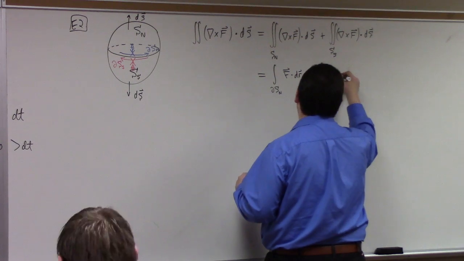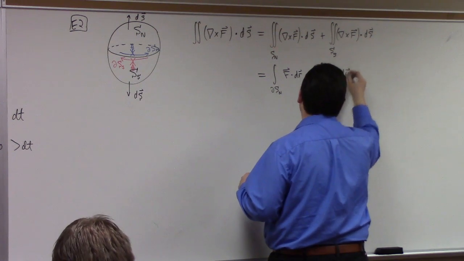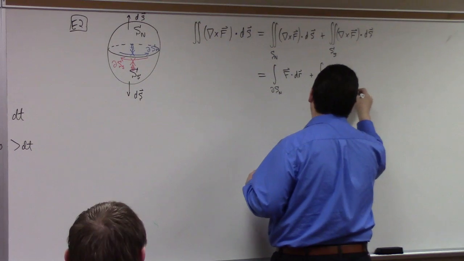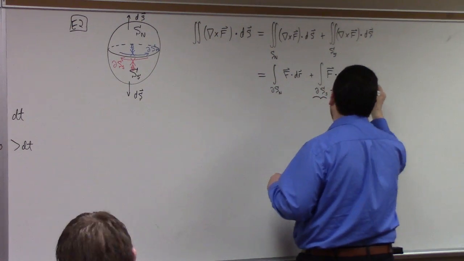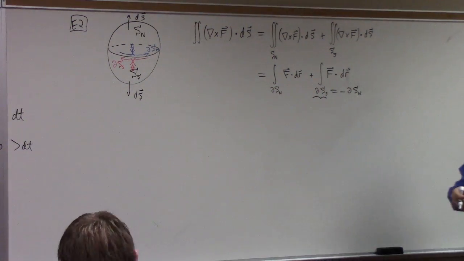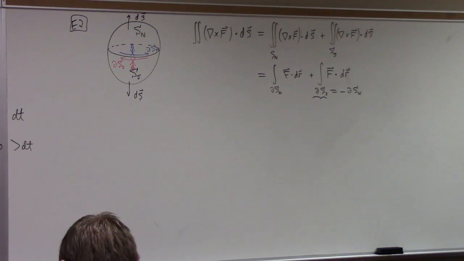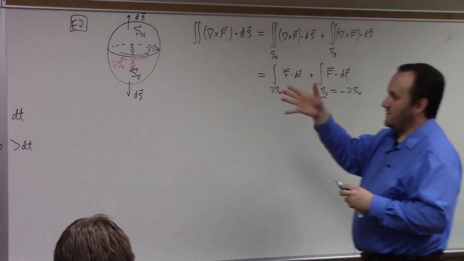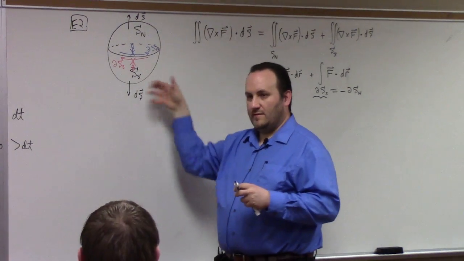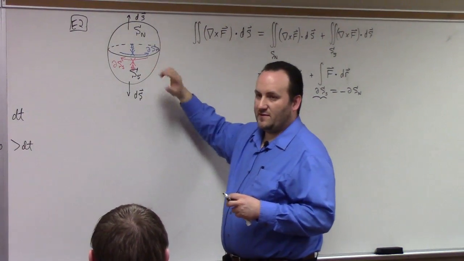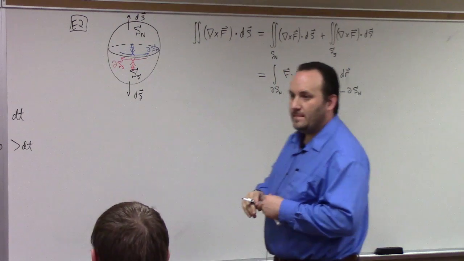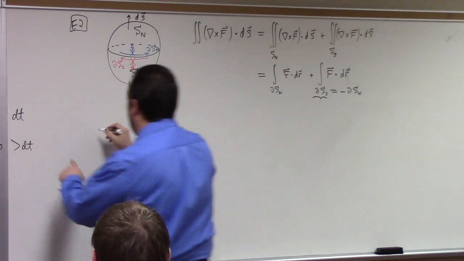And the point here is that these cancel because this is equal to minus the boundary. They're the same point set, just a reversal, right? The boundary of the northern part of the sphere goes around like that, right? The edge of the southern hemisphere goes the other way. So if you want, I can draw this picture again.